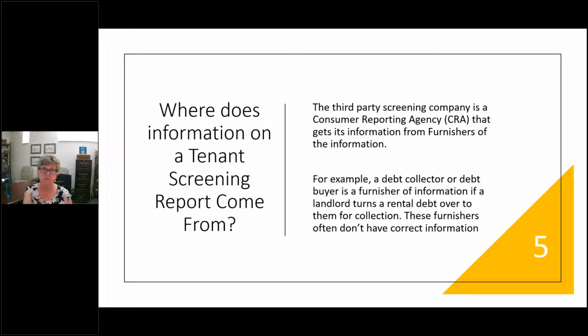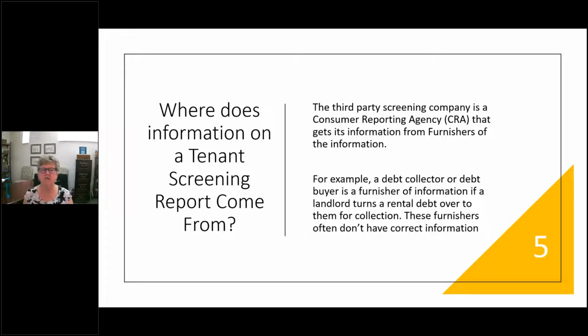So those are the ones we typically think about, but these companies that report for tenant screening are also a consumer reporting agency. And they get their information from what's called furnishers of information. A furnisher of information, one example that we have here, is a debt collector or even a company that bought a debt.